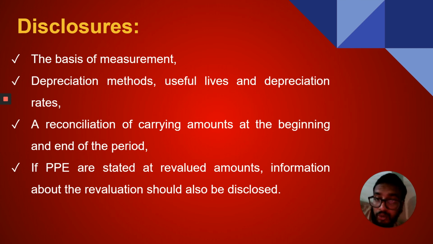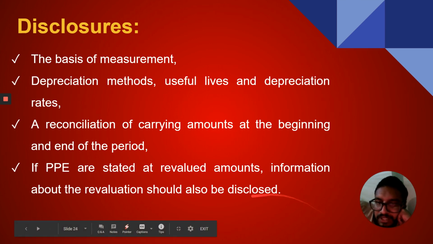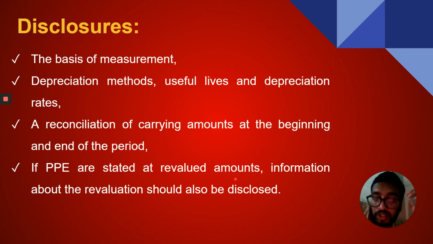It will always be in the notes, okay? Look at any balance sheet. What is a reconciliation? It's just the opening balance, the closing balance, and the adjustments for the year. For any publicly listed company, just have a look in the notes and you will see this reconciliation. If the PPE is restated at revalued amounts, information on how the revaluation was done is also crucial, because the investor will require that information.